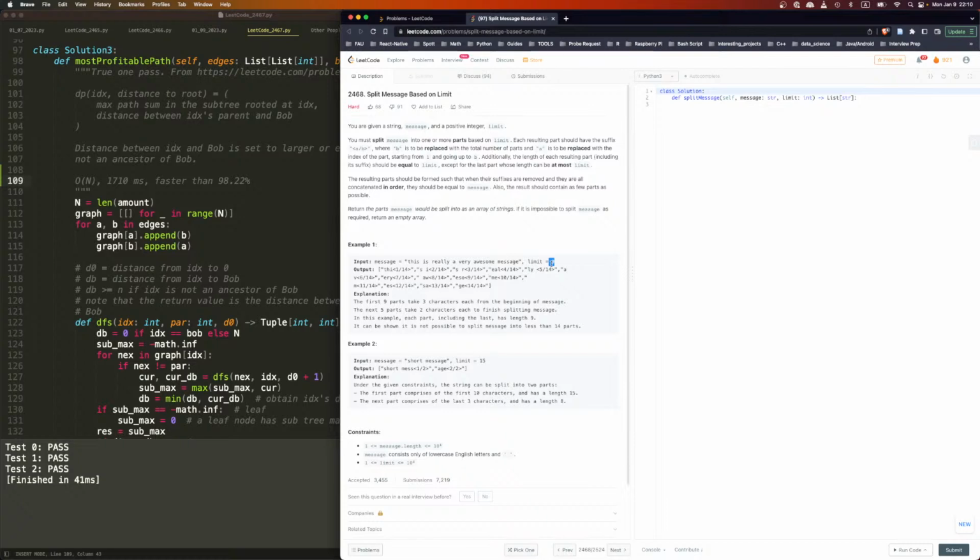So we say if we take 4 characters, how many parts can we do? And then let's say maybe we can do a certain number. Then what do we do? We're going to try it out. What we can do is, based on the total, we know how much we need to do depending on the parts, right?